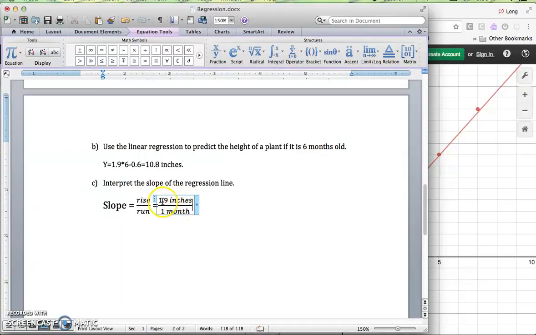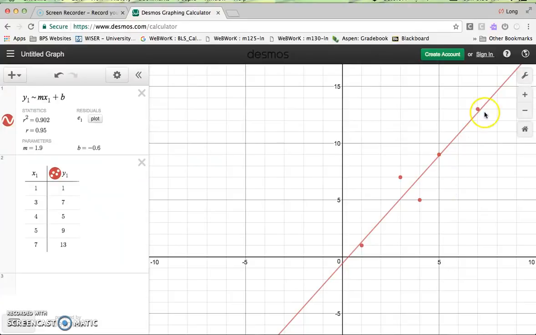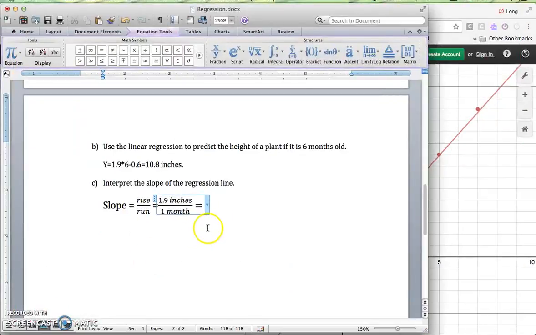So based on the regression method, we predict that for every 1 month in age, the plant grows about 1.9 inches. That's what the regression method tells us: based on this data, for every 1 month that you increase in age, you go up by 1.9 inches. That's how you interpret the slope.